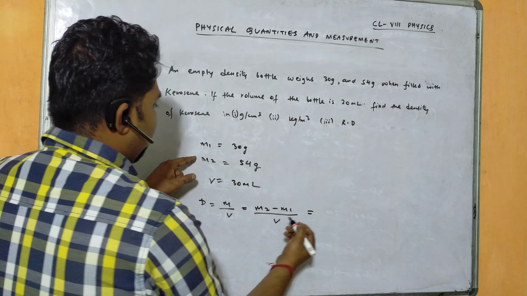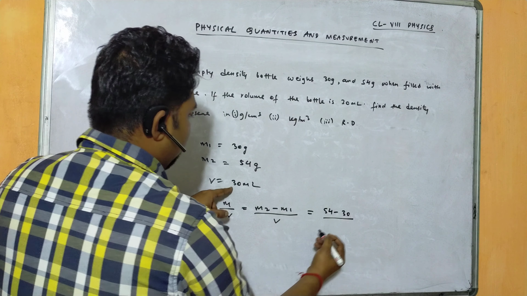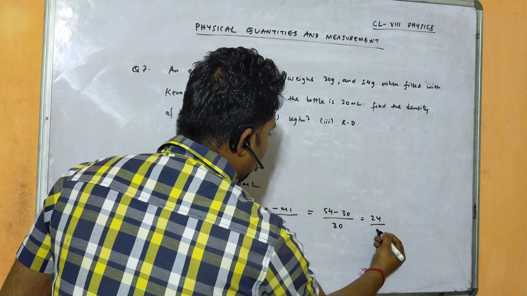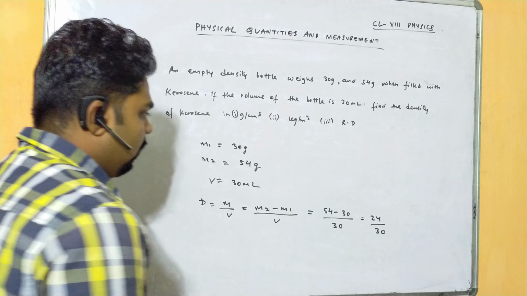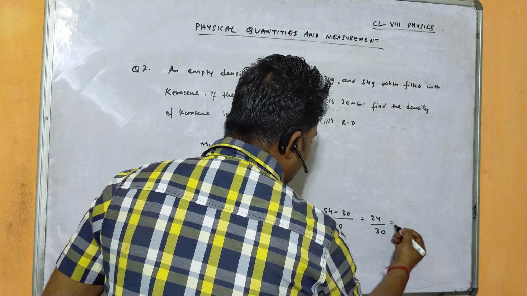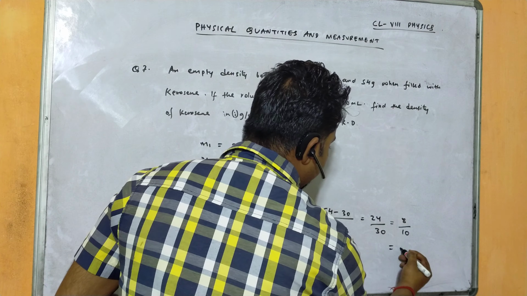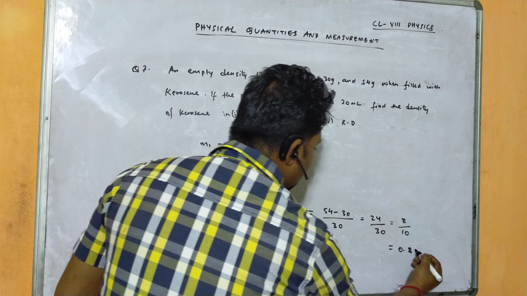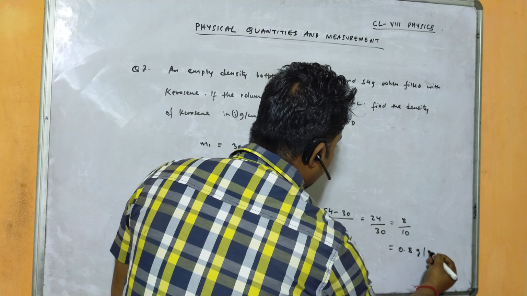Okay, so what is M2 here? 54 minus 30 divided by 30. So here you will be getting 24 by 30, or we can simplify to 8 by 10. That is 0.8 gram per centimeter cube.